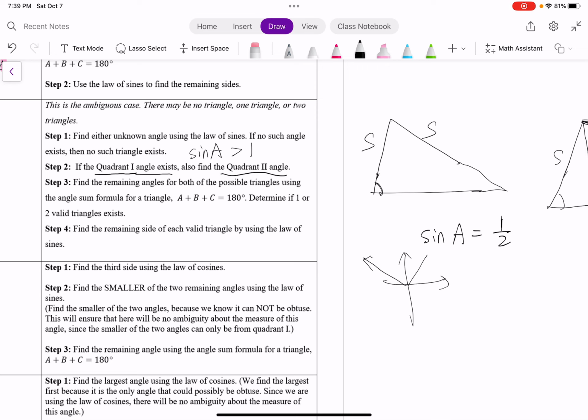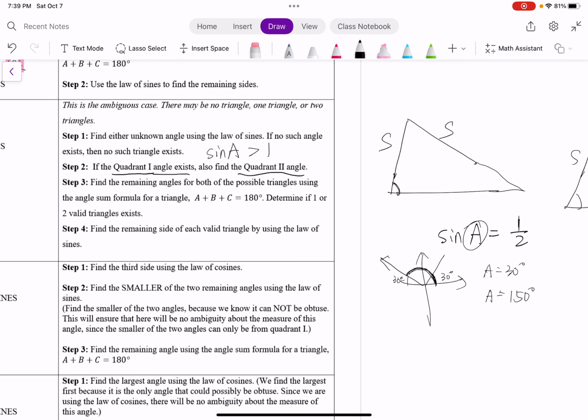So we are not only having one solution for A. In the first quadrant, by using calculator, I know the inverse sine of 1/2 is 30 degrees. So that is the first solution. Also, I could have another angle in the second quadrant, reference angle also 30. So A could be 30, and A also could be 150 in the second quadrant.